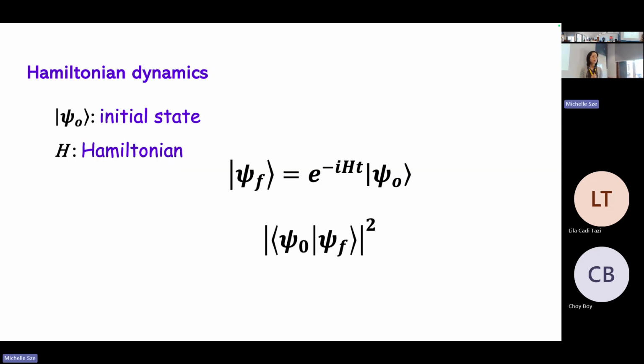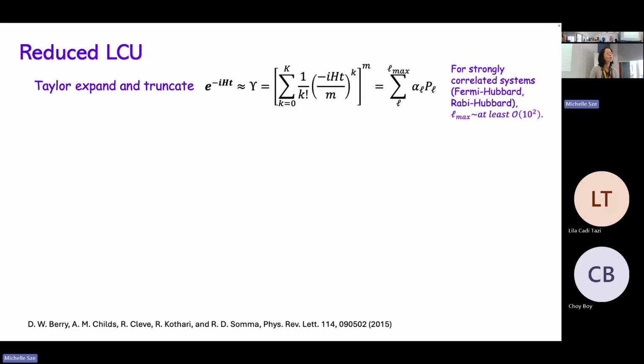Okay, so going back to the Hamiltonian dynamics problem, I'm just repeating this slide here so that we recall what the main problem is. What we did was we Taylor expanded this time evolution operator by first dividing the time into m steps.